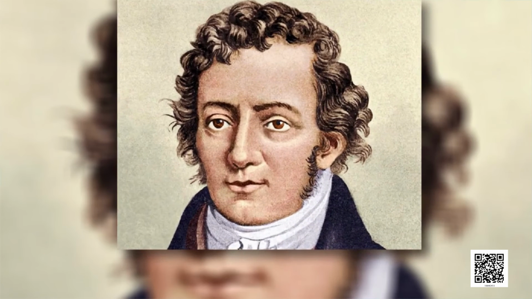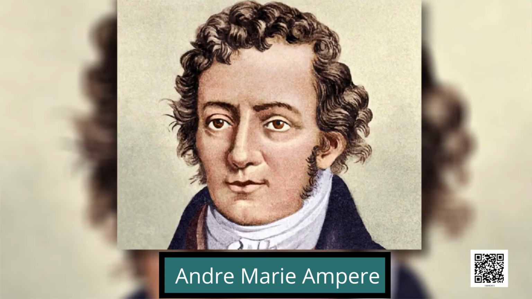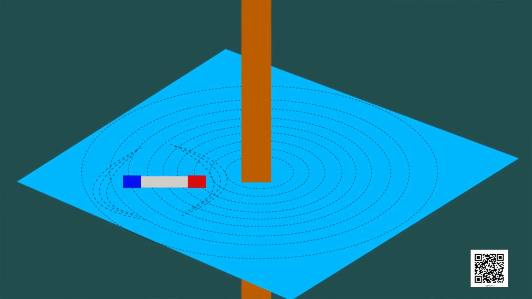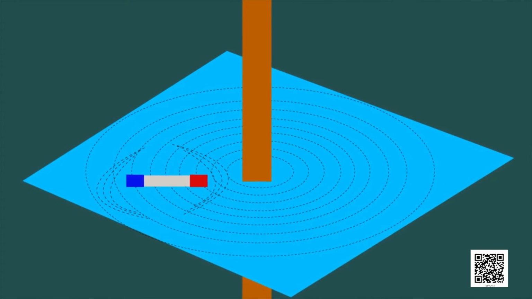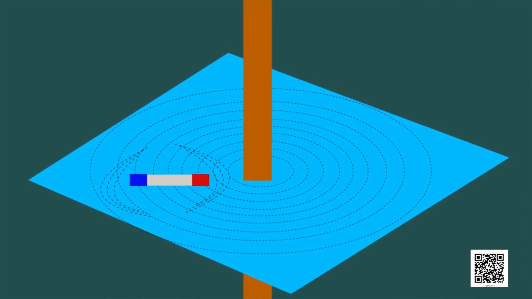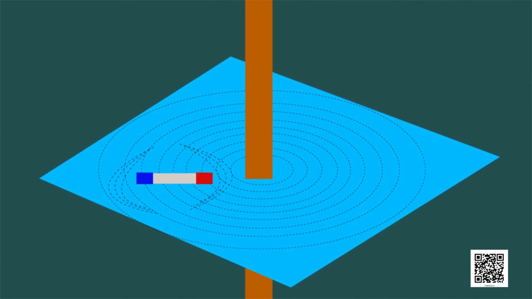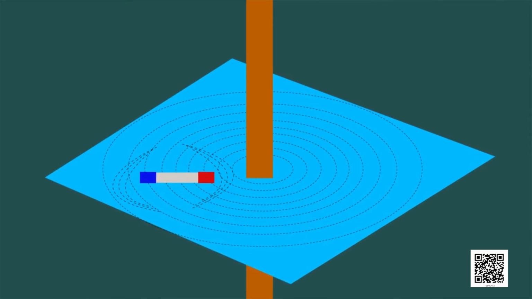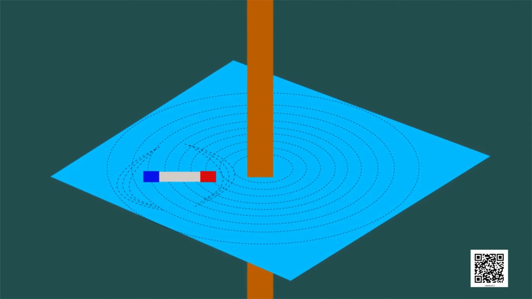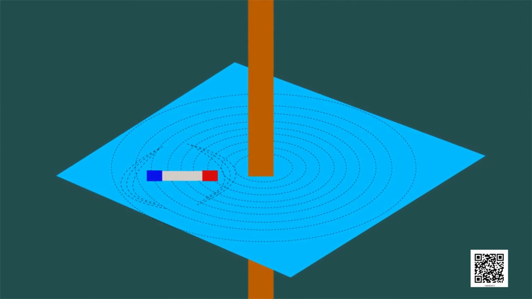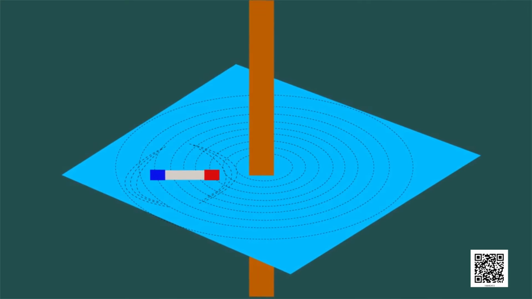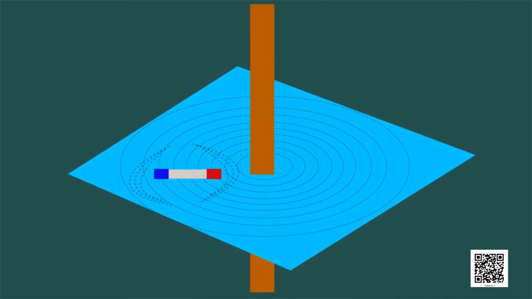French scientist André-Marie Ampère suggested that the magnet must also exert an equal and opposite force on the current carrying conductor. The force due to magnetic field acting on a current carrying conductor can be demonstrated through an activity.